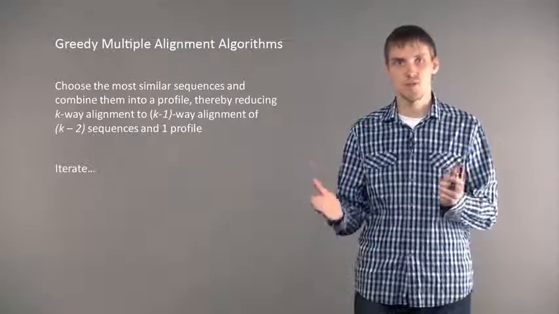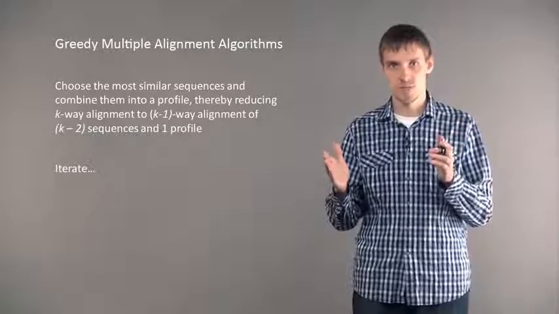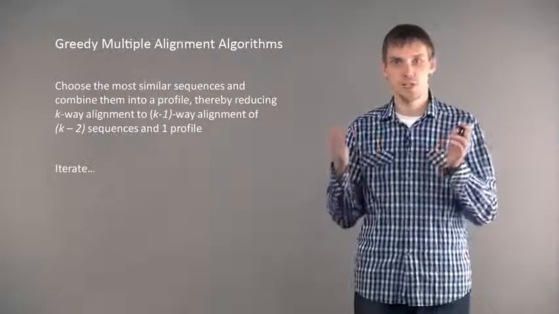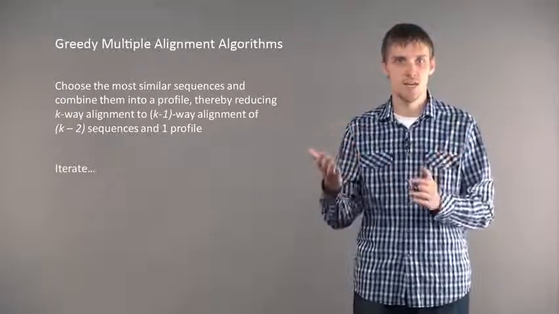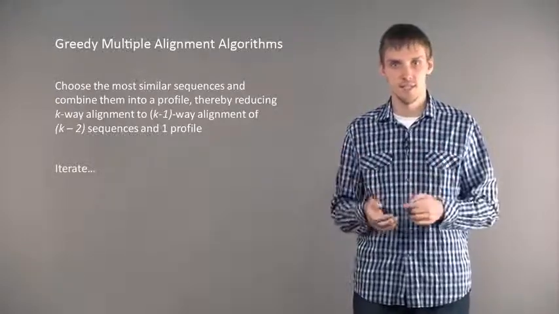After this step, we will have k-1 sequences. Well, actually we will have k-2 sequences and one profile, but we know that we can align a profile in the same way as we align sequences.